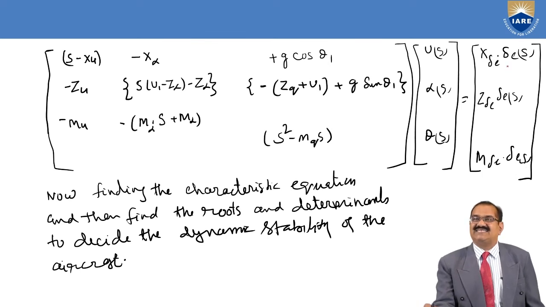So here this delta E is the control input of the elevator.